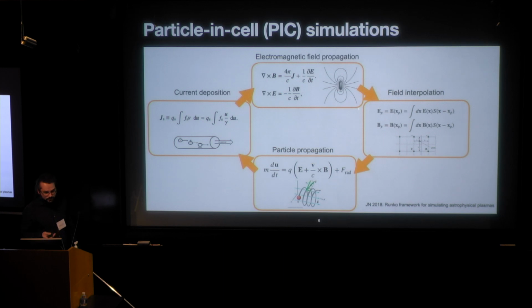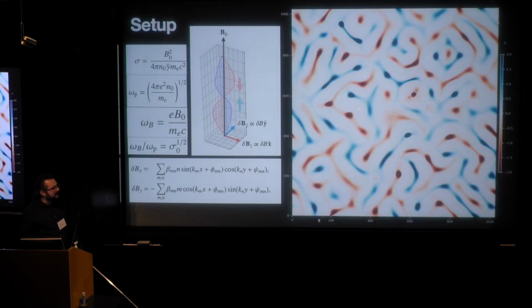And so, how do we set up the turbulence? We have this box. This is a 2D box for simplicity, but the code is in 3D. The code is developed by Jonas, but I'm using it and trying to modify it. But more on that later. The box is 2D, but the fields are 3D. So we set up a magnetic field, which is very strong. The parameter of the strength of the magnetic field is 10.